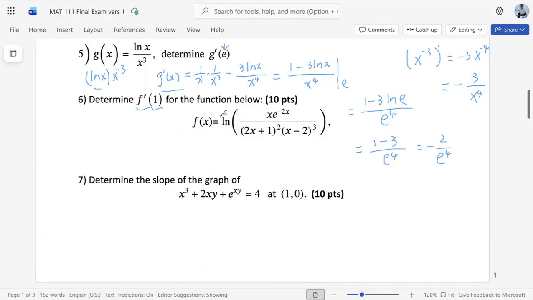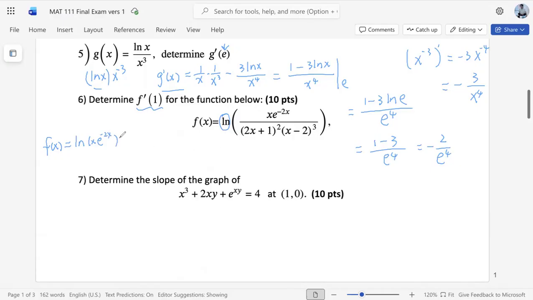One beautiful thing with ln is we can rewrite the function. Right? The numerator, we can split into different logs. We can write a positive term: x times e to the -2x.